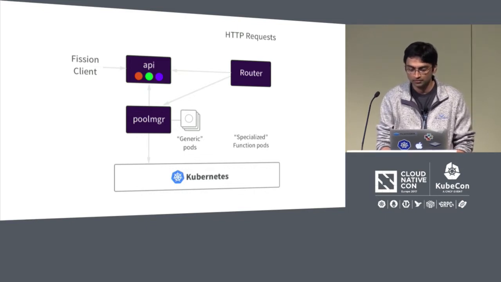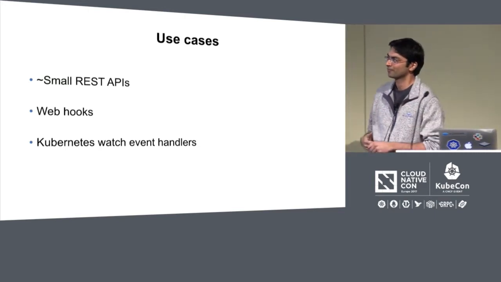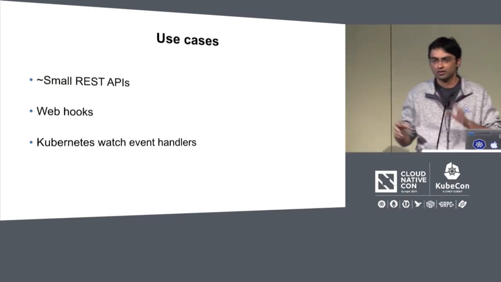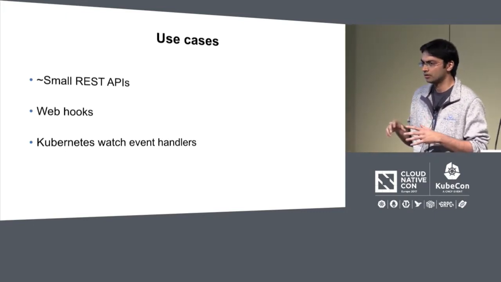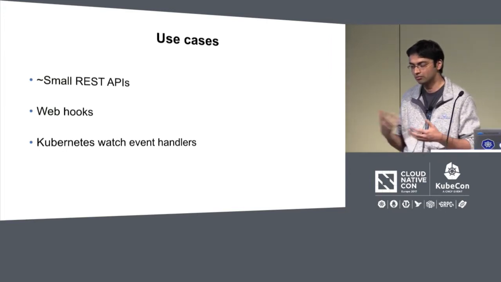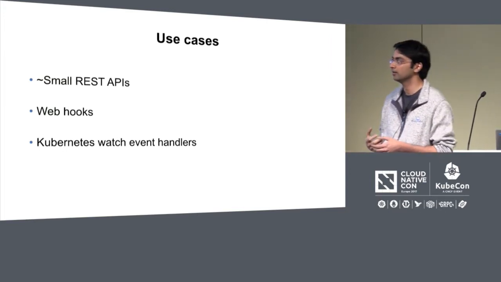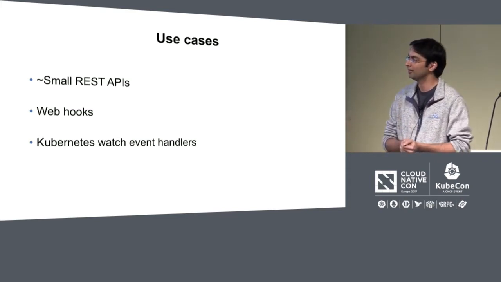So let's move on to what you can actually use this for. We see sort of 3 use cases, and such fast frameworks are good for writing really small REST APIs and webhooks. Webhooks are basically an API with one endpoint.